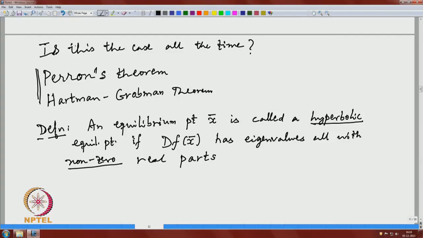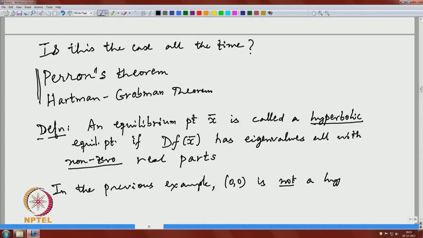So, in the previous example, zero zero is not a hyperbolic equilibrium.